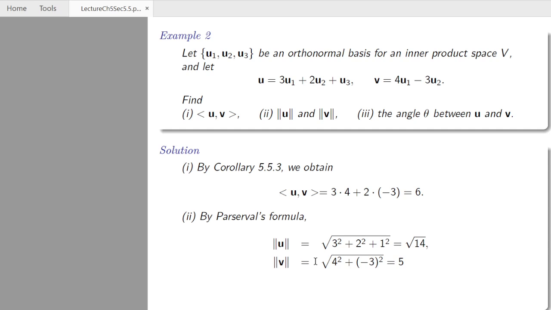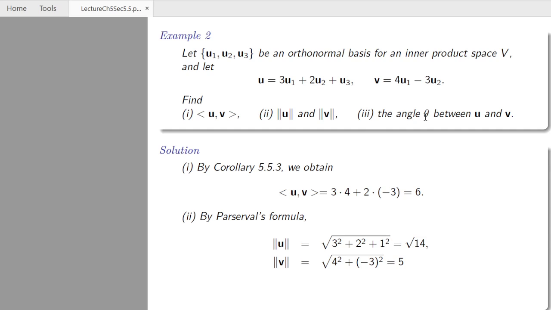That kind of calculation we can now apply in the case where we have an orthonormal basis for a vector space. So the calculation is similar to what we had for the scalar product in Rn.